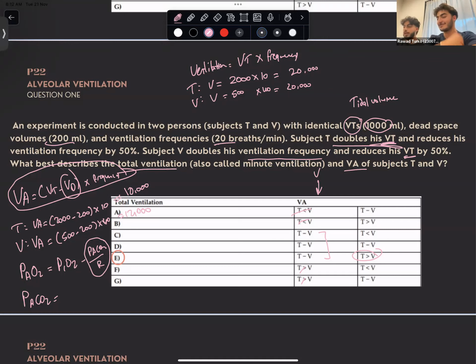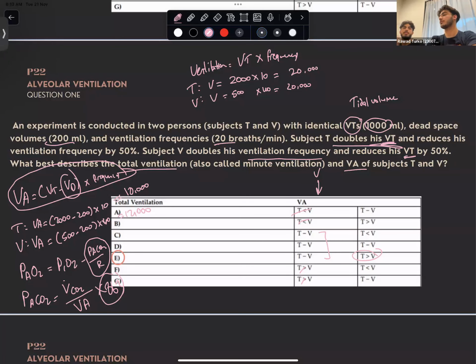Yeah, for PaCO2 it's different. For PaCO2, it's gonna be the flow of CO2 over the flow in the alveolar, times 863, which is the atmospheric constant. So it's the ventilation of CO2, VCO2, over VA, the alveolar flow, which is both CO2 and O2.